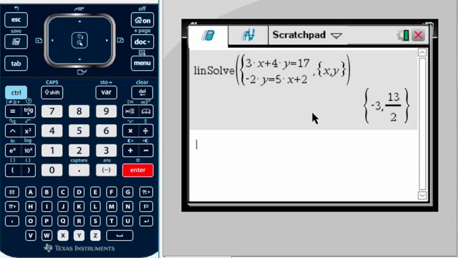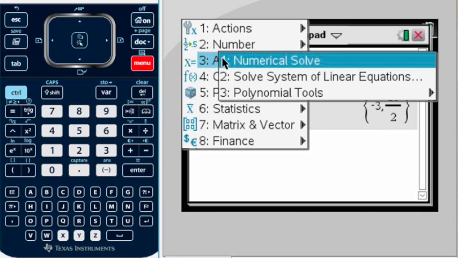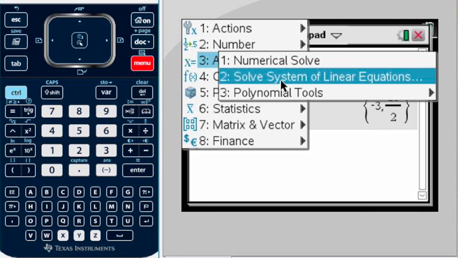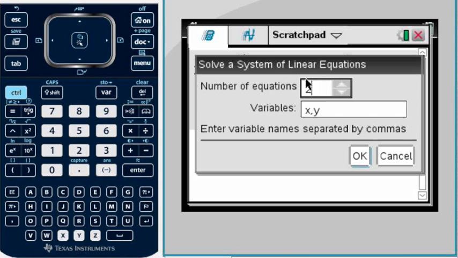Now I want to do this again. Obviously this system has 1 solution, but I want you to see what's going to happen in the other 2 cases. So we're going to go menu again, number 3 algebra, and then number 2 solve system of linear equations. Again, 2 equations, variables x and y separated by a comma.